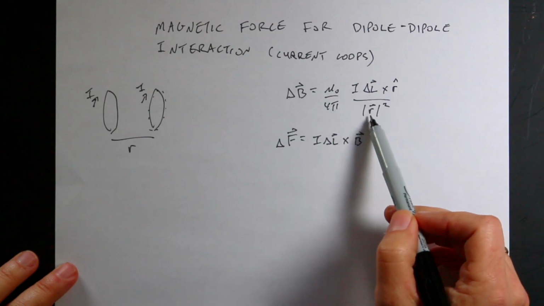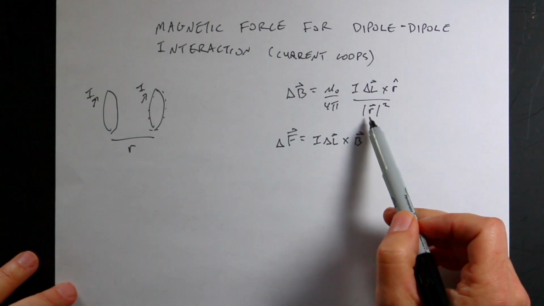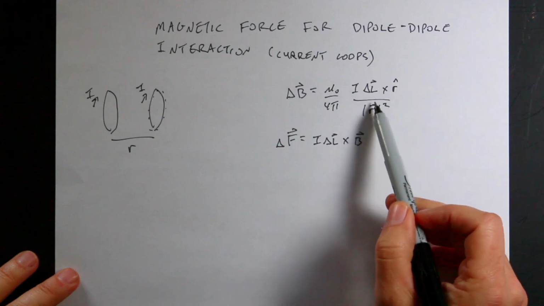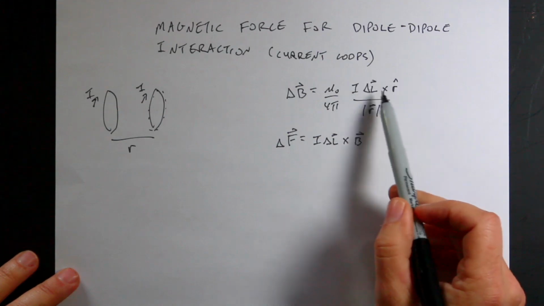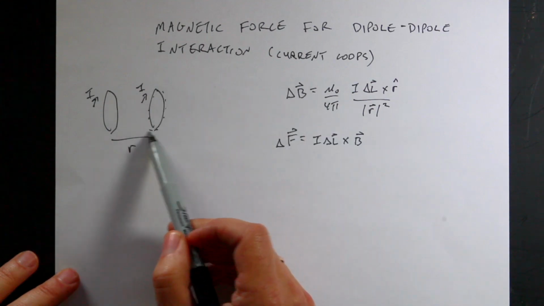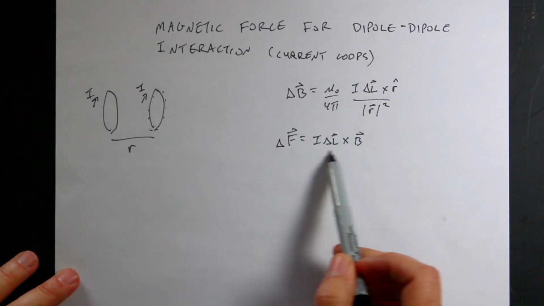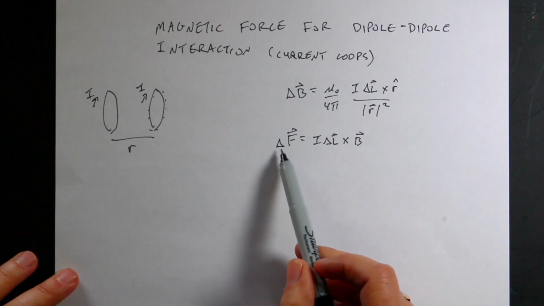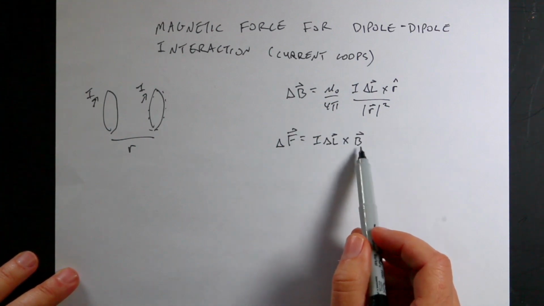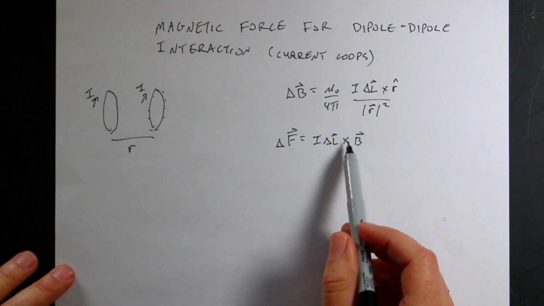R is the vector from the piece of wire to the location where you want to find the magnetic field, and R hat is the unit vector for that direction. So we have this cross product going on here that makes it much more complicated. Once we do that, I can find the magnetic field at these locations, and I can use the force calculation. The force on a short piece of wire is I times the delta L vector for that wire, cross B. That's cross, not times.